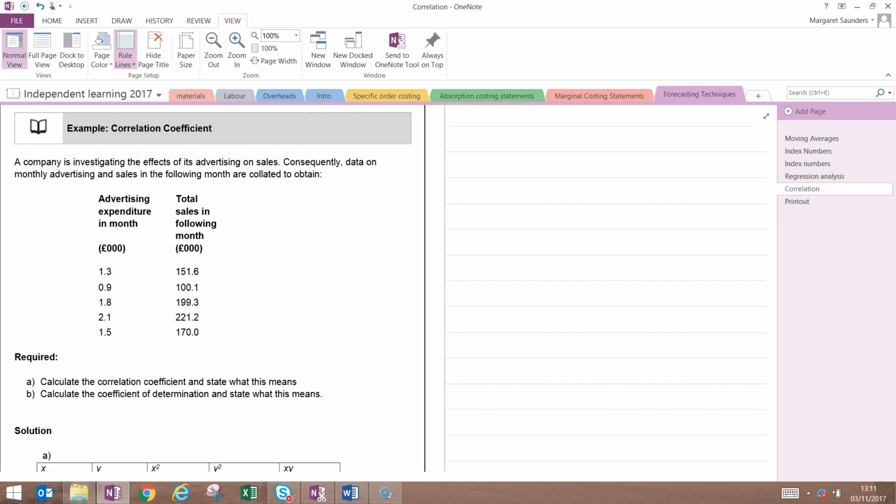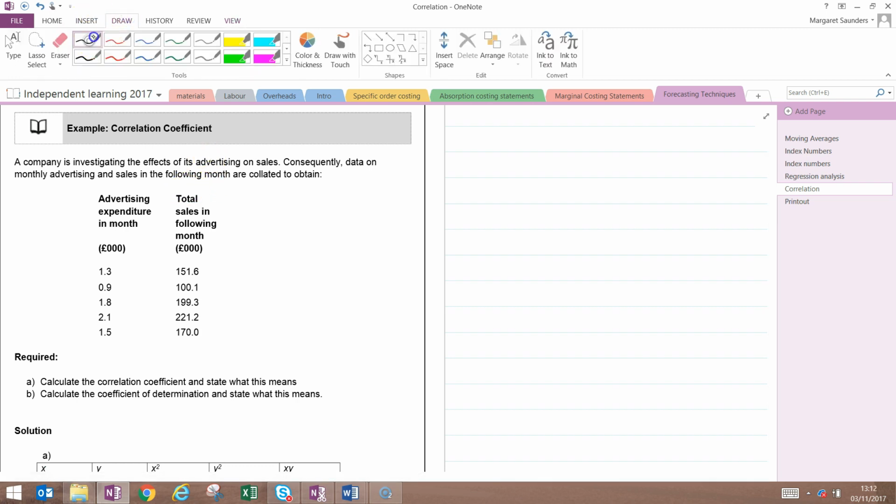Sales is the dependent variable, which is y, and advertising will be our independent variable, which is x. We need to calculate the correlation coefficient, which is r, and state what it means, and then calculate the coefficient of determination, which is r squared.